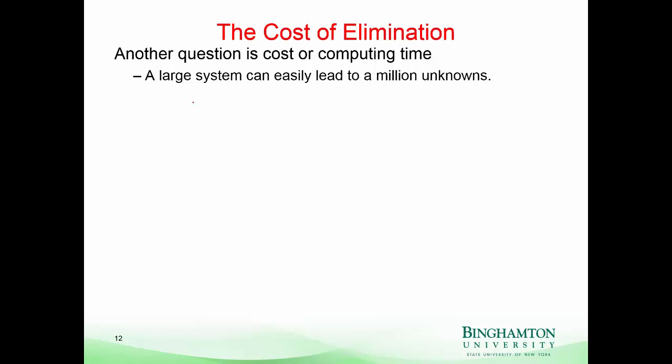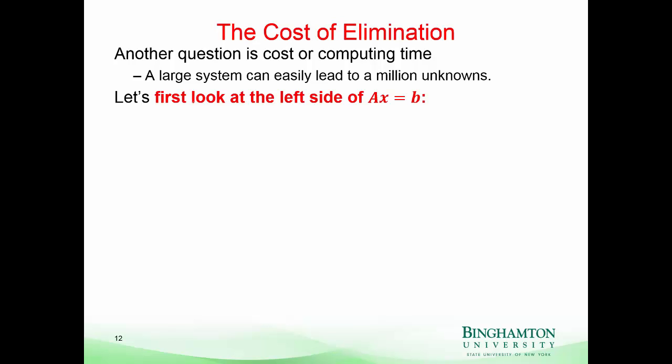But since we won't know precisely what kind of computer it's going to go on, it's pretty common to compare the complexity of different algorithms simply based upon the number of additions and multiplications. And by additions, we also mean subtractions, and divisions would be counted as multiplications.